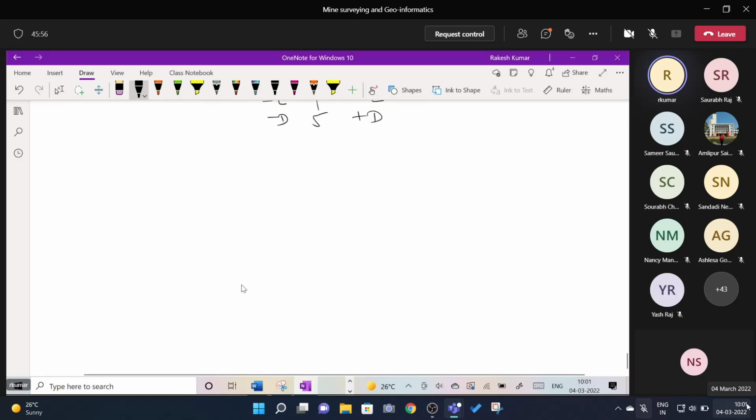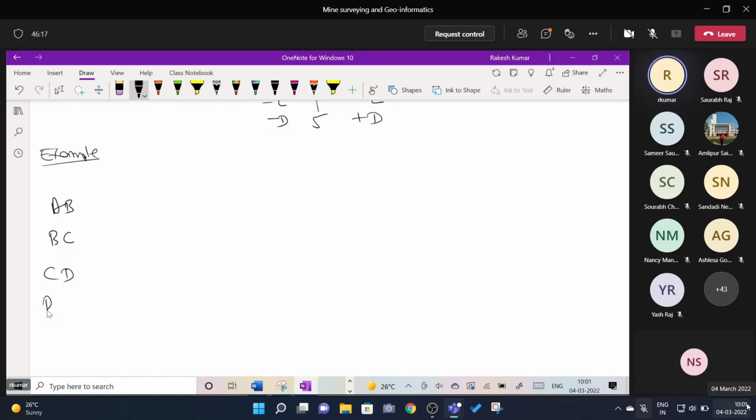Now the one numerical I have to give you. Suppose I am making the traverse, AB, BC. This is your example. Just understand this very carefully. AB, BC, CD, DE, and EA.